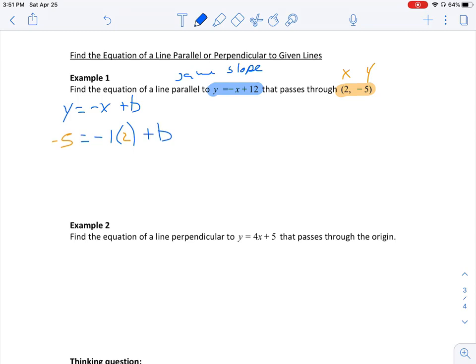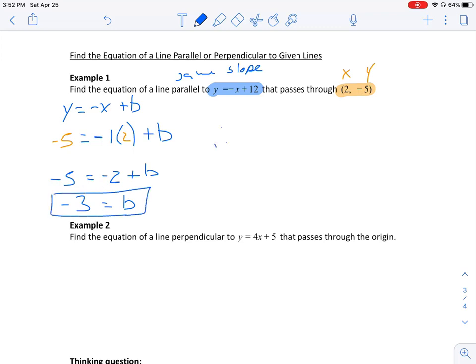Remember, this is a new line. This is not the same as the one that's highlighted. So negative 5 is equal to negative 2 plus b, which would give me negative 5 plus 2, which is negative 3, equal to b.